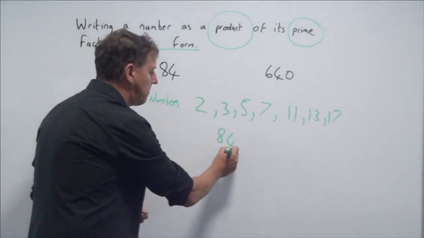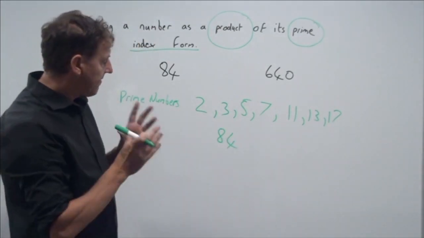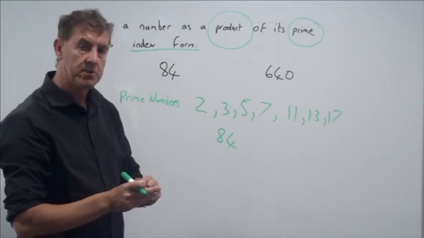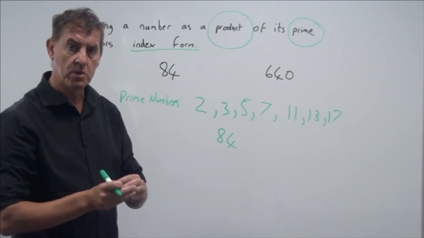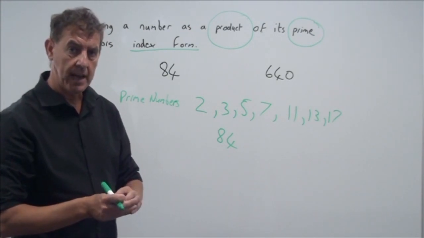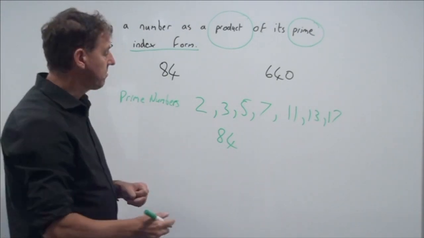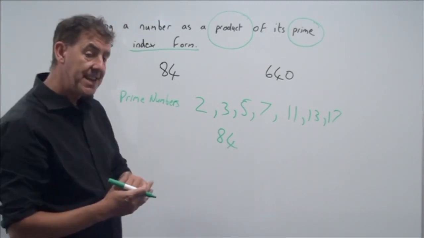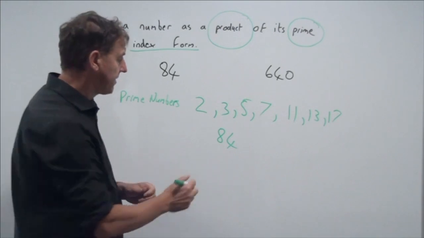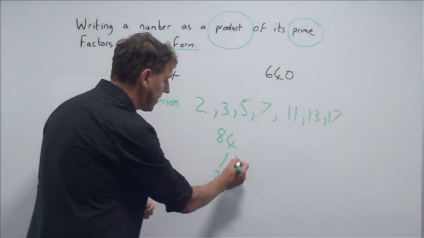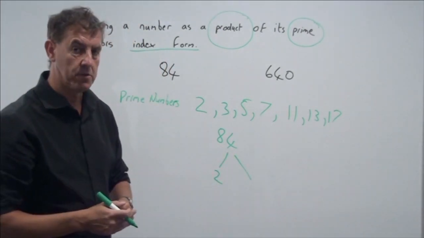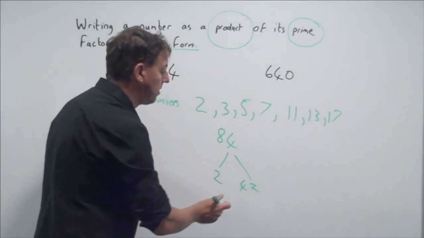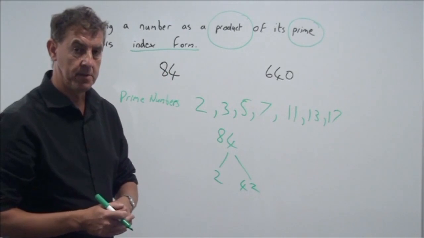So how do we do it? Basically, we think of any 2 numbers that go into 84, any 2 numbers at all, that multiply together to make 84. A little tip: if the number is even to start with, 2 times something will make it. In this case, 2 times 42 makes 84.